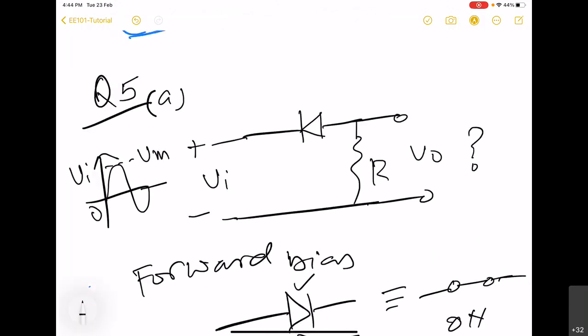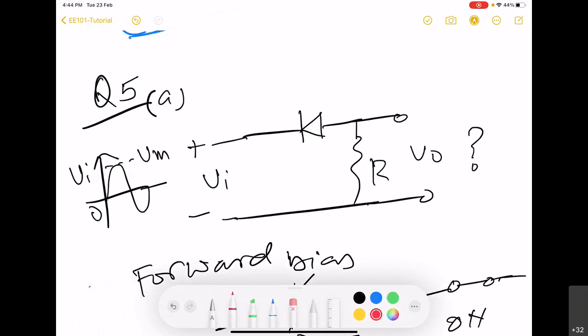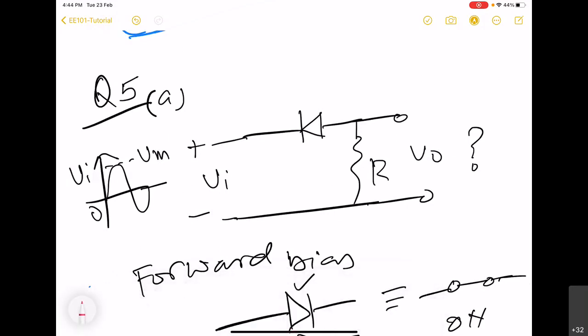Right? So now here we see that during the first half, this is positive, this is negative. You can see that this negative voltage will be available even at the anode of the diode.